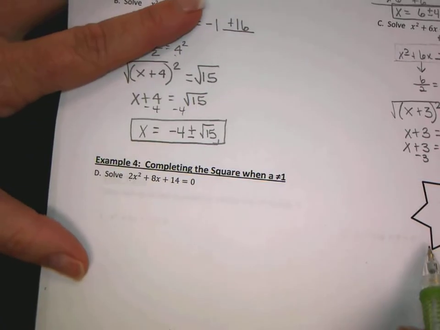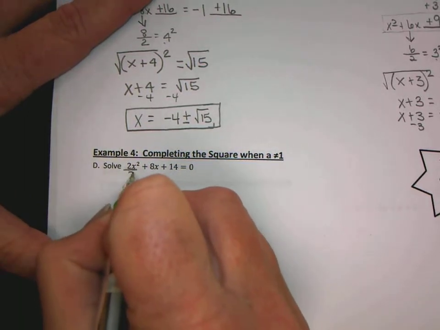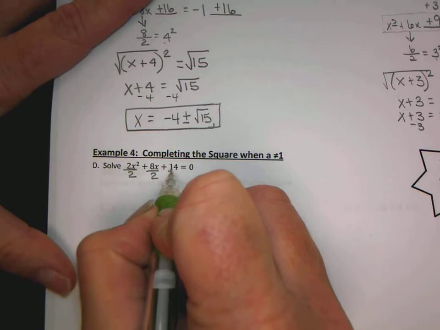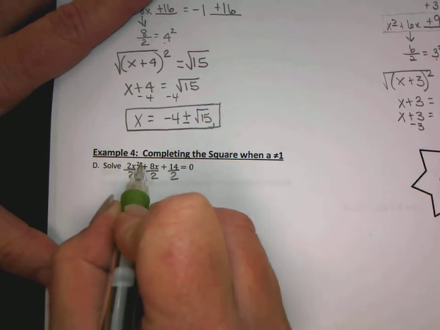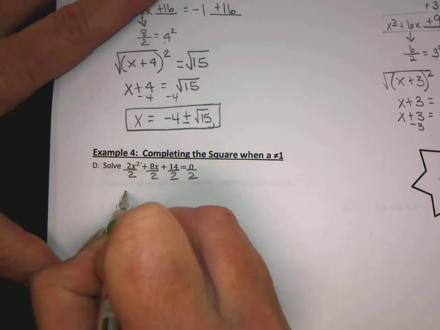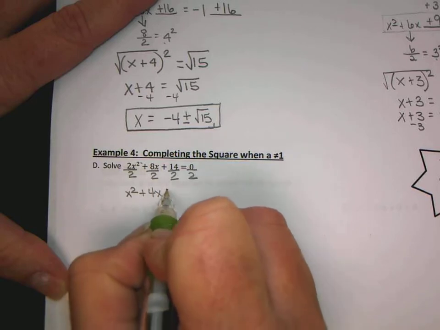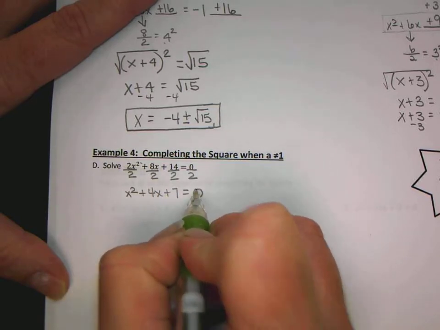So in other words, before you start, you're just going to go ahead and divide everything by the lead coefficient, or the coefficient of the x squared term. In this case, it's 2. So what's going to happen is you're now going to have x squared plus 4x plus 7 equals 0.